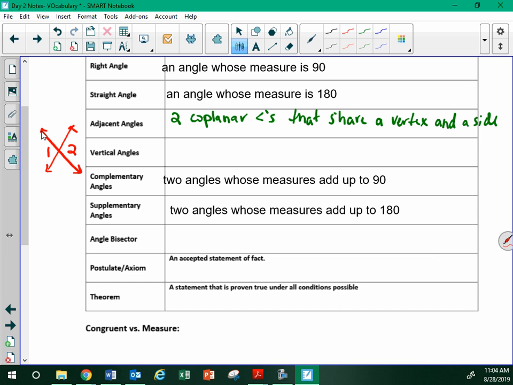And then they are actually the opposite. Now in this diagram, I labeled angles 1 and 2 as vertical angles. Let's throw in angles 3 and 4. Would 3 and 4 be vertical angles? Yeah, again, their sides form opposite rays. So vertical angles are simply two angles whose sides form opposite rays.